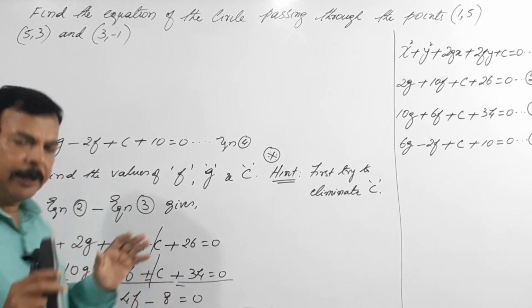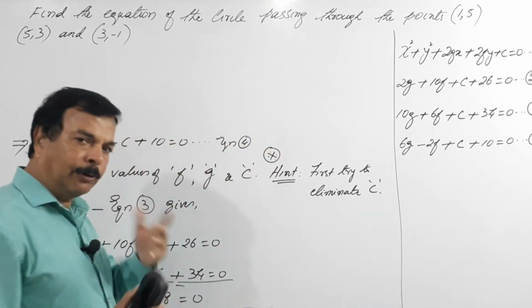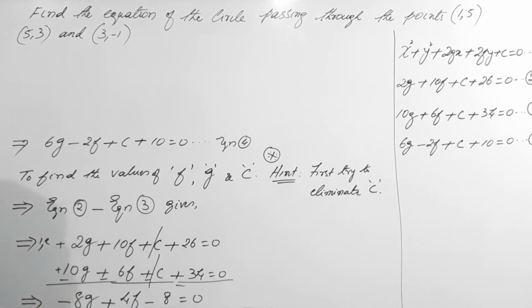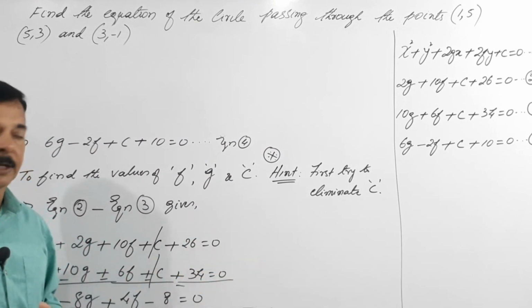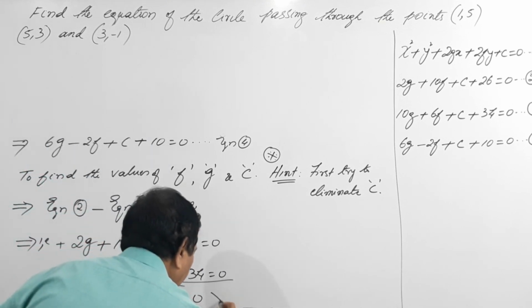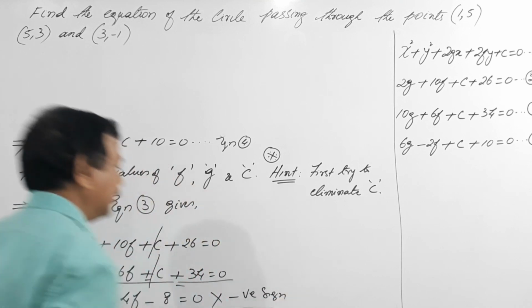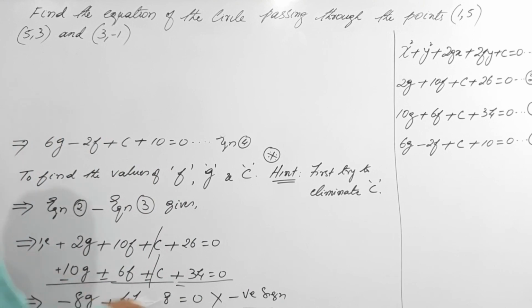I don't like negative things in life, even in mathematics. But what to do? We have to deal with it. So I'll get rid of this minus value. How? I'll multiply it throughout by the negative sign. What happens then? Minus into plus, minus into minus.